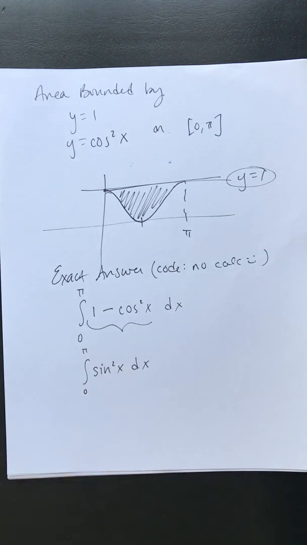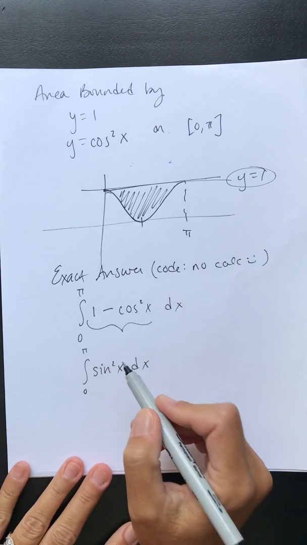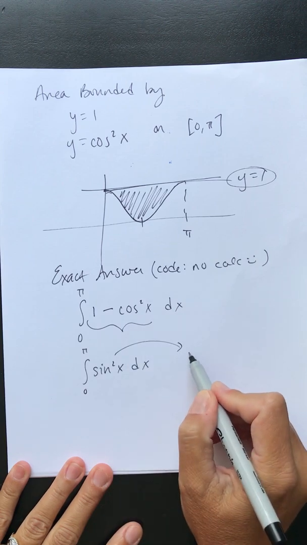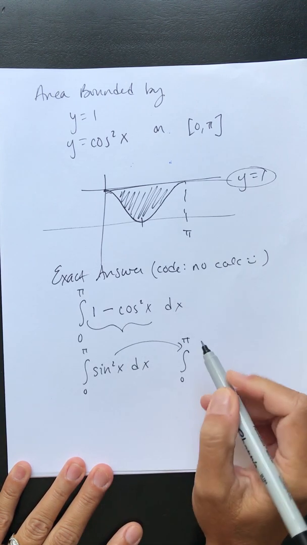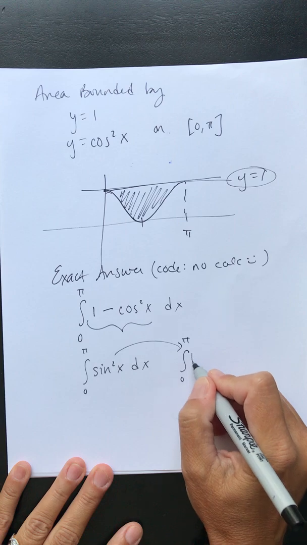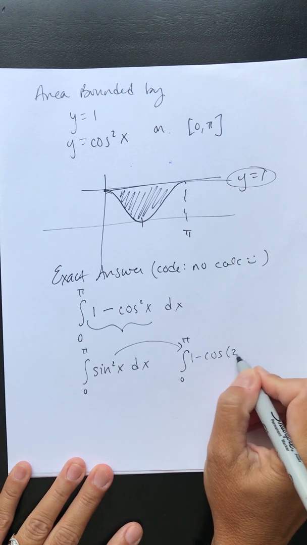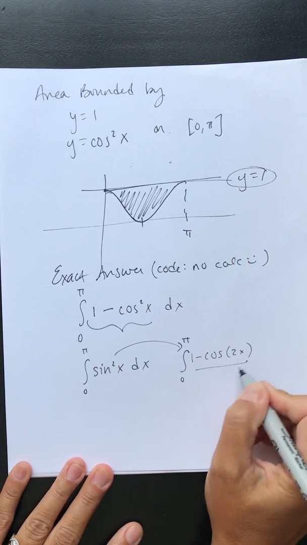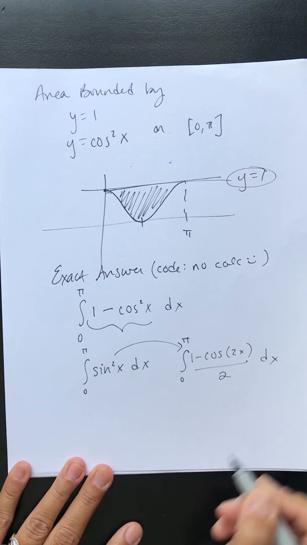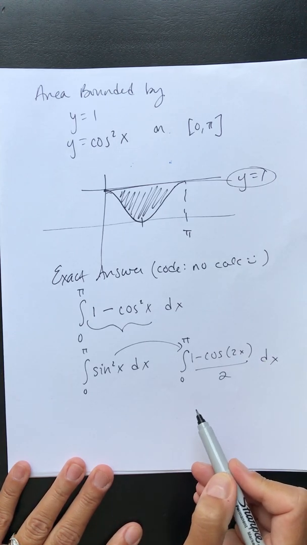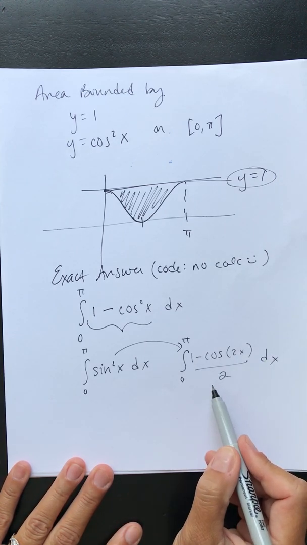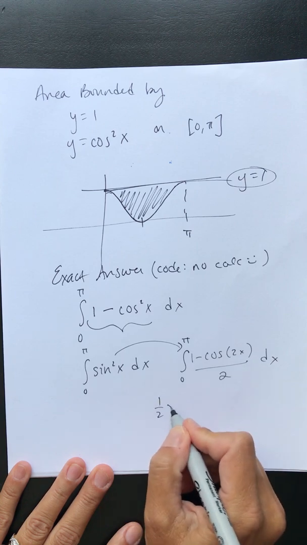Have I made my life easier? Absolutely, because I know by my double angle formula, this becomes the integral from 0 to pi of 1 minus cosine of 2x all over 2. And this is a pretty straightforward antiderivative. The antiderivative of 1/2 is 1/2 x.